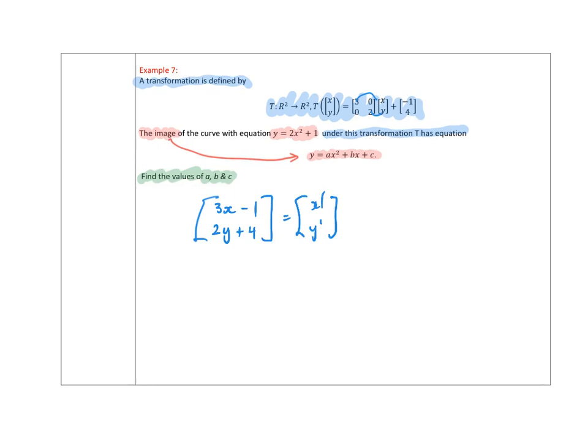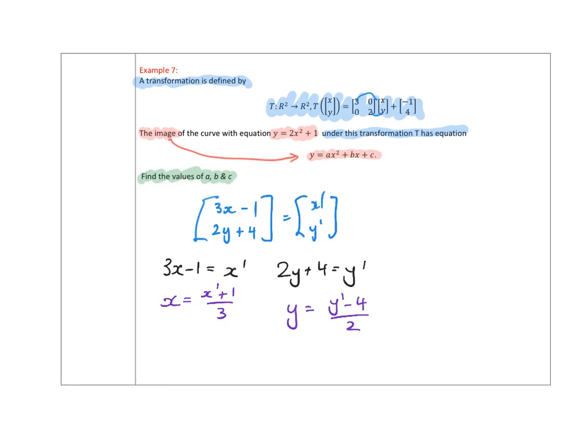If we equate these two, 3x minus 1 equals x dash, 2y plus 4 equals y dash. Solving for x and y, I can see here that x is equal to x dash plus 1 on 3, and y is equal to y dash minus 4 on 2.